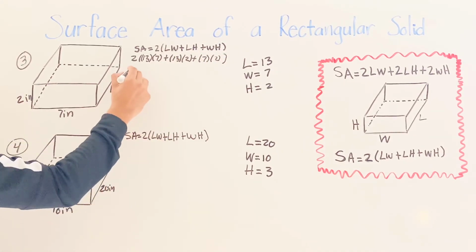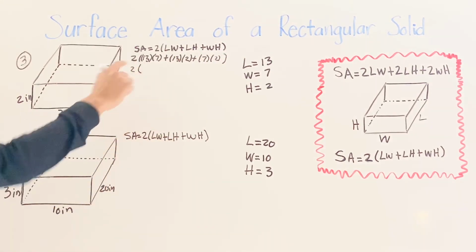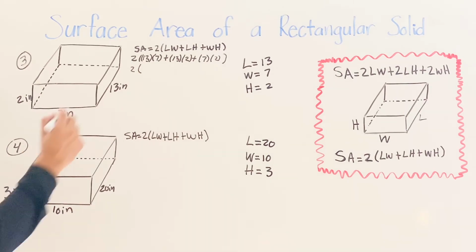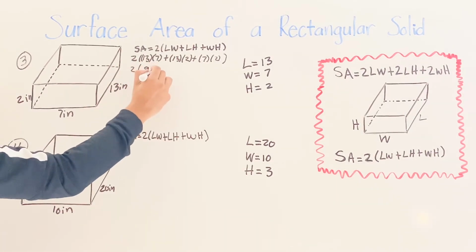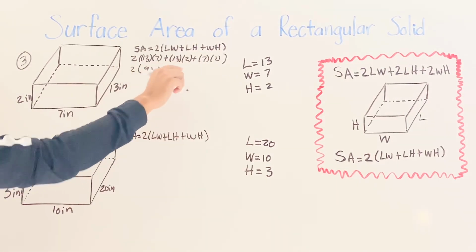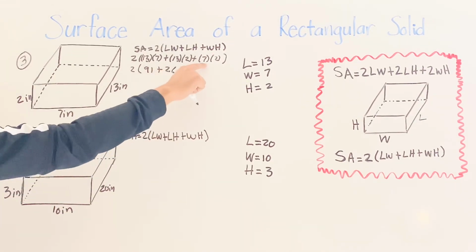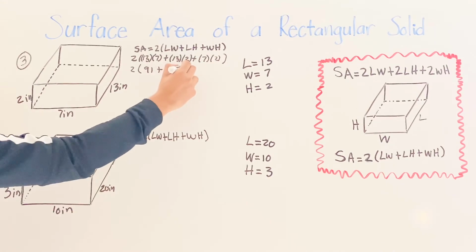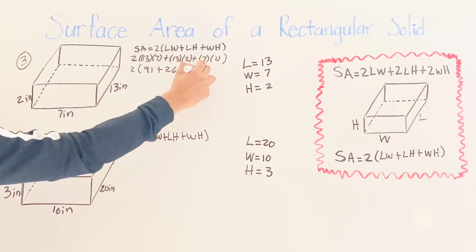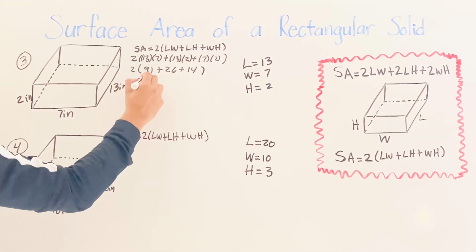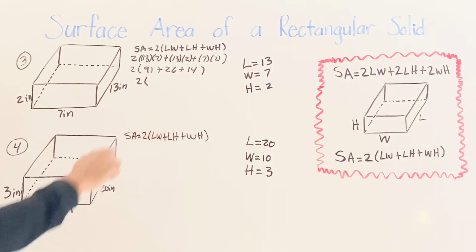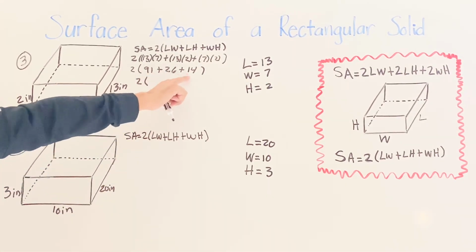Then I'm just going to multiply. 13 times 7 is going to give me 91, plus 13 times 2 is going to give me 26, plus 7 times 2 is going to give me 14. And then I'm just going to add 91 plus 26 plus 14.